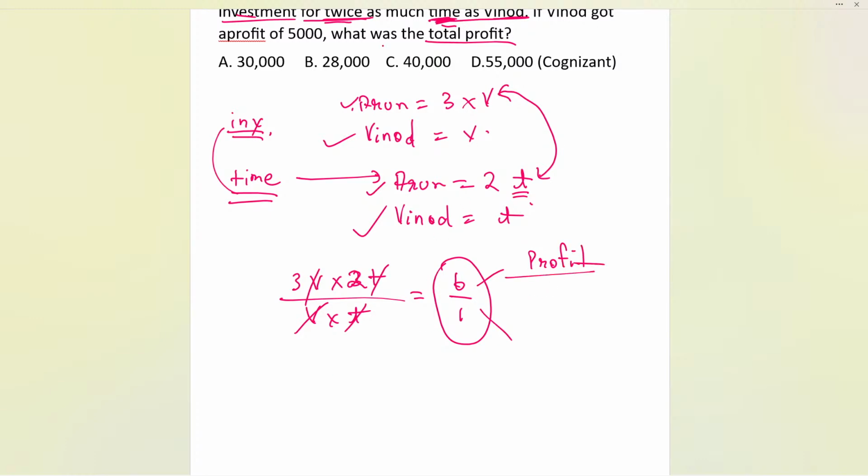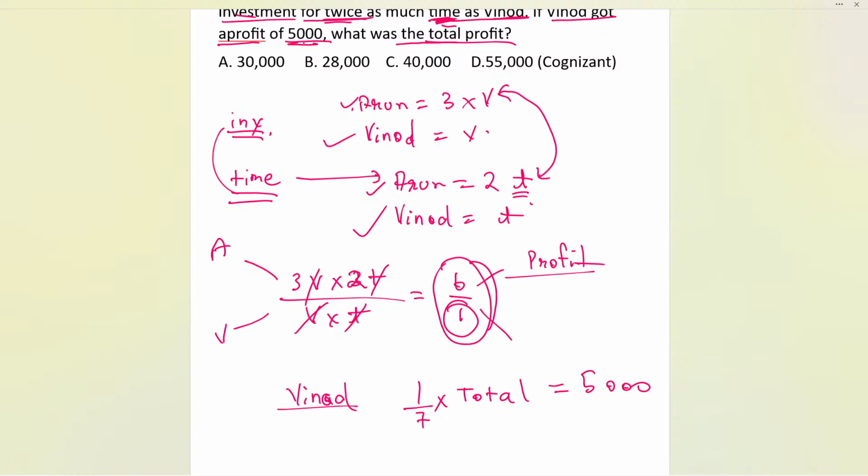Now we need the total profit, and Vinod got a profit of 5,000. This first part we have taken for Arun, and this one for Vinod. So Vinod has one part out of 7, and out of the total profit he gets 5,000, which is already given in the question.